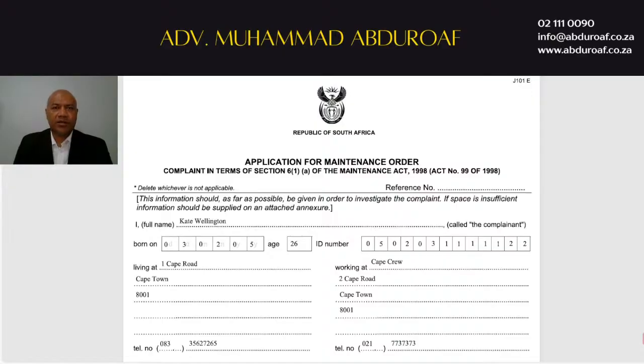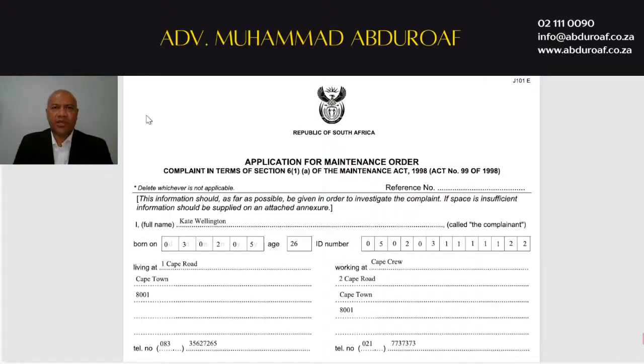If you are not certain which maintenance court falls under your area, I advise that you approach your local police and they would advise you on the maintenance court. When completing this form, please bear in mind that it is completed in affidavit format.